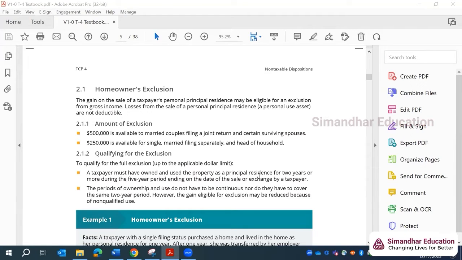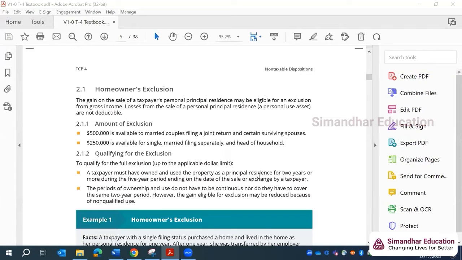On January 1, 2022, I got an opportunity to work in a different state. So I moved to a different state in the year 2022. I owned the property till December 2023. And then on 1st January 2024, I sold the property.